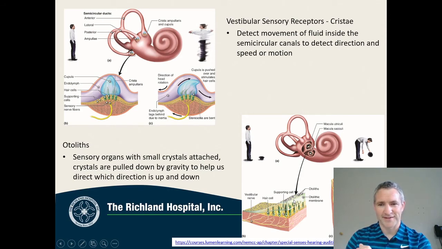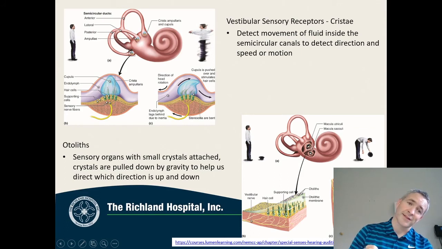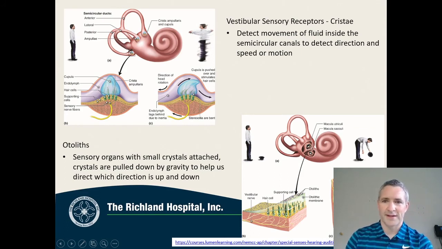These little crystals sit on top, and when we turn our head, the crystals move based on gravity, as you can see here. The sensors in this jelly material bend and deflect based on how that material is moving due to gravity. And so this is what helps us detect if our head is tilted to the side. We can figure that out, and we may not necessarily need to see as much to be able to detect that.